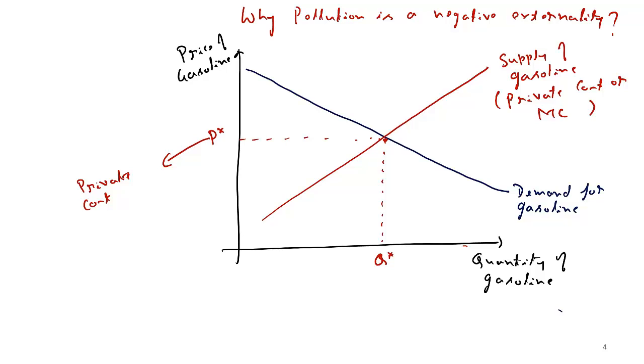If the actual cost is higher, which essentially means that the social cost, which is a curve here, social cost, includes private plus public cost, or let's use external cost.